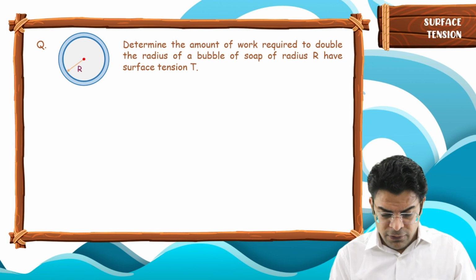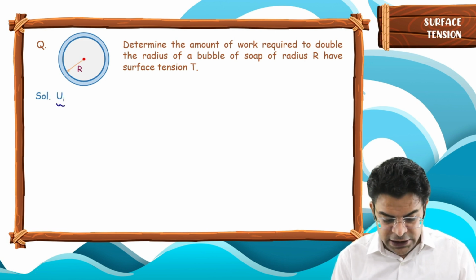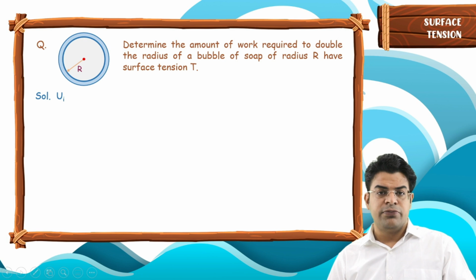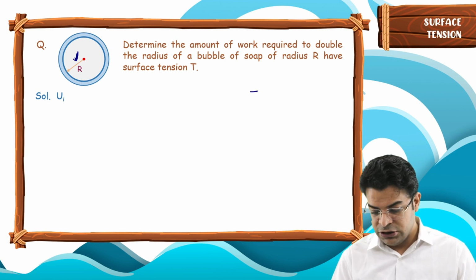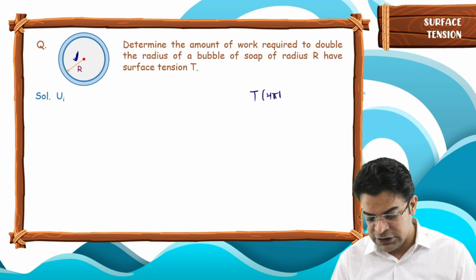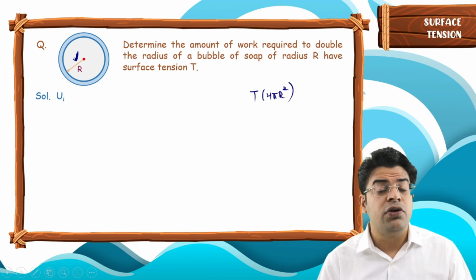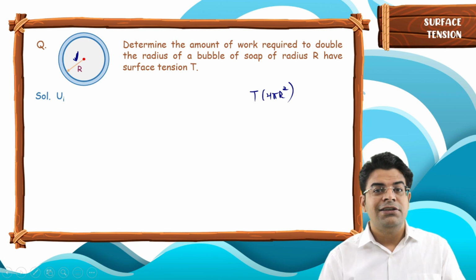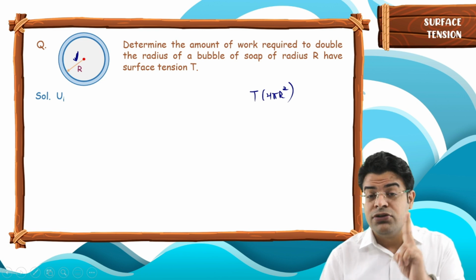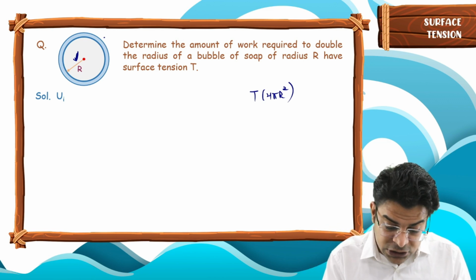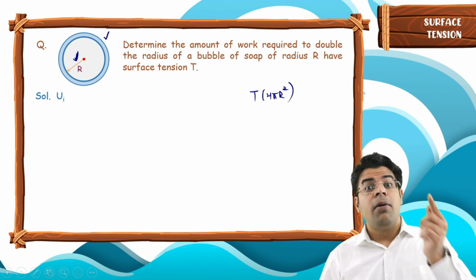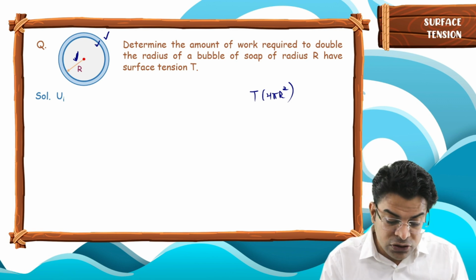See, we know that the initial surface potential energy when this soap bubble has a radius r will be equal to how much? Surface tension into the surface area. If you write this, you will be completely wrong. Why? Sir, it has got two surfaces. So the surface area shouldn't be taken as just 4 pi r square. It is 4 pi r square because of outer surface plus 4 pi r square because of inner surface.